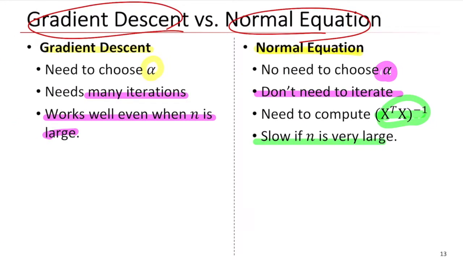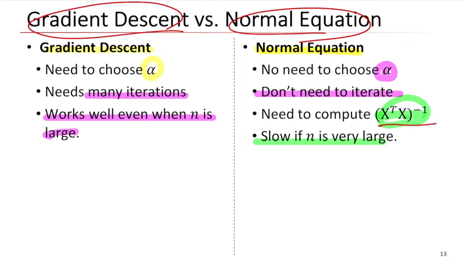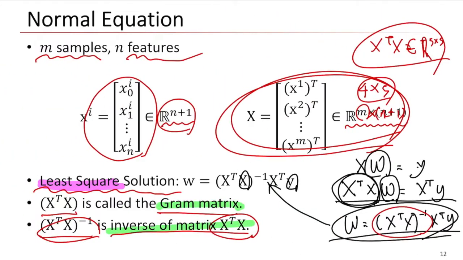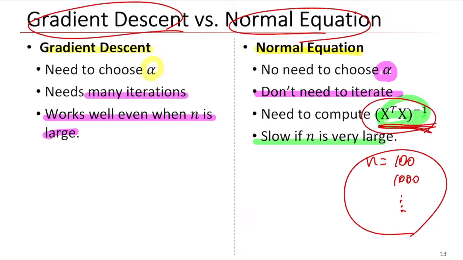In this case, X transpose X will be a 5 by 5 matrix. This is not so big relatively, but n is the number of features, so it could be 100 or 1000, something like this. Computing the inverse of such a large matrix will be really slow.